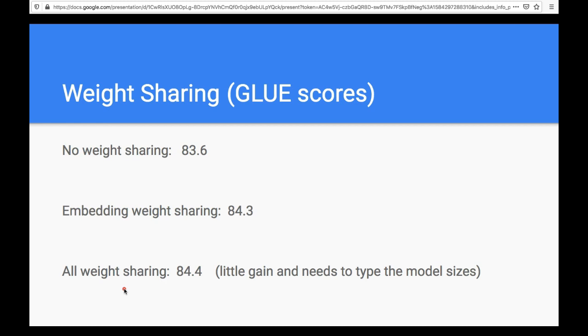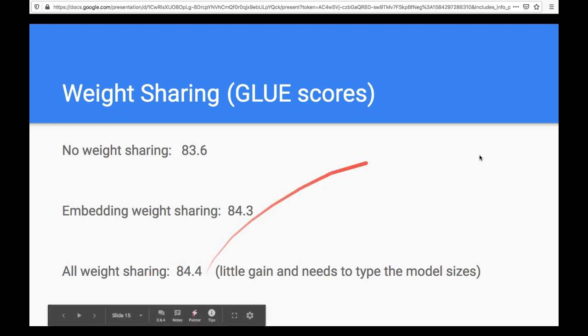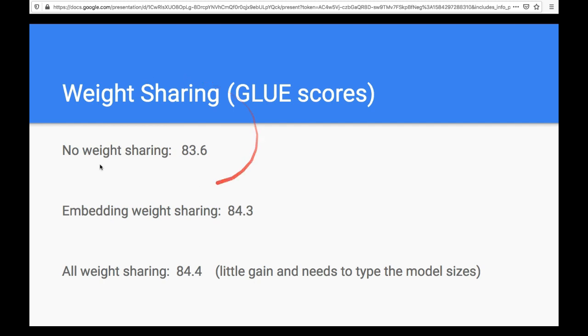Why? Because if you want to share all the weights, these two models need to be exactly the same size. In this case, our main focus is the discriminator. If we really want to train a very powerful discriminator, we also need to have a very big generator, which is not really economic.